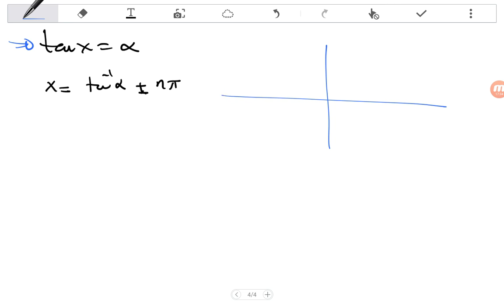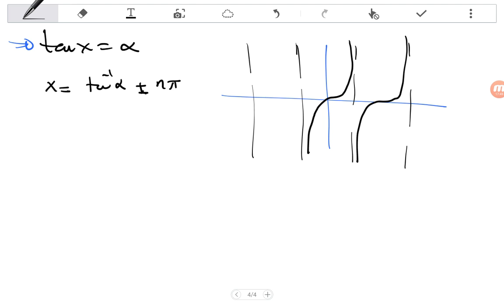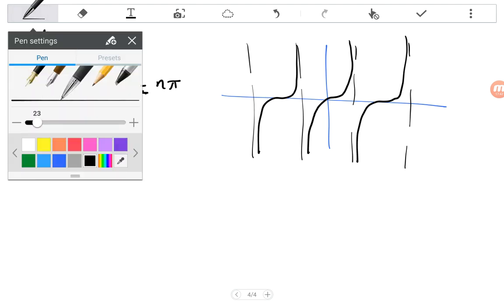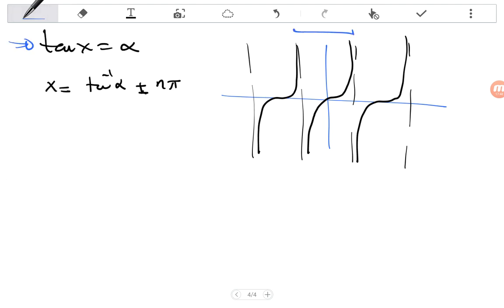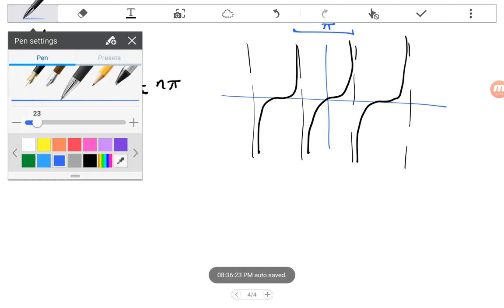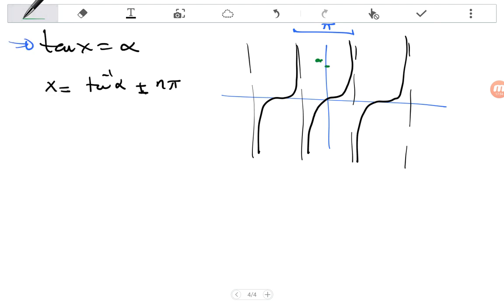Why is that? Just remember that we had sketched the tan x curve, which was like this, and the tan x curve had a period of pi. Okay, so when I try to find when is tan equal to alpha, we will find infinitely many angles.